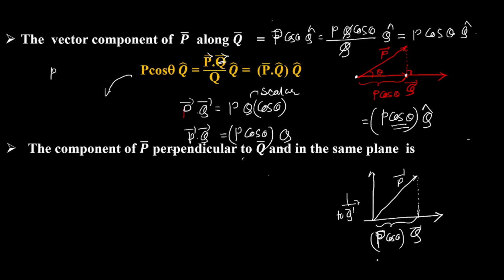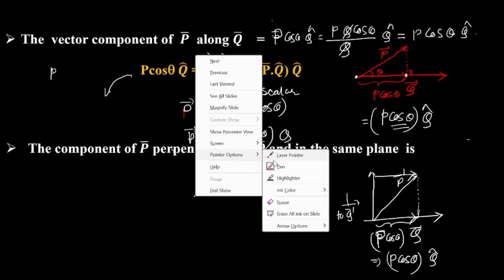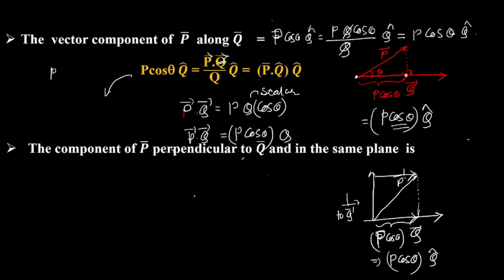This can also be written as the vector P cos theta Q cap. This vector and this vector are the same. This is the P vector. This vector is your P cos theta Q cap, because this vector and this vector are the same.